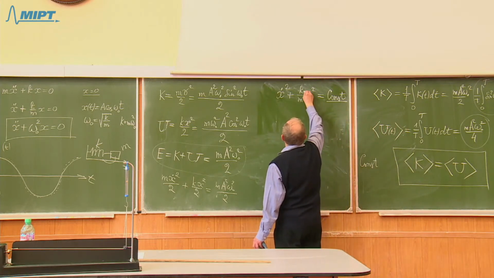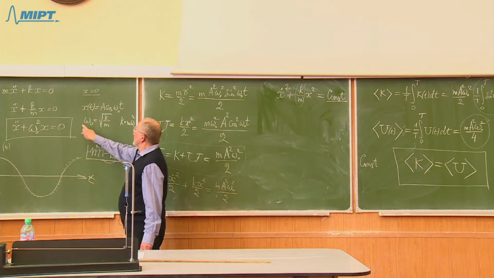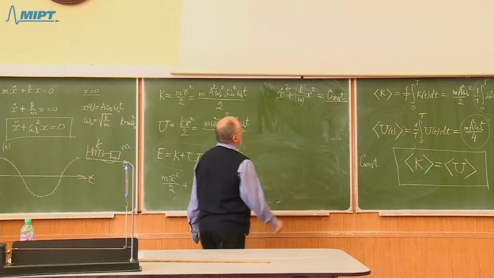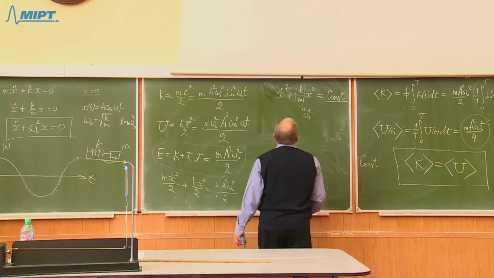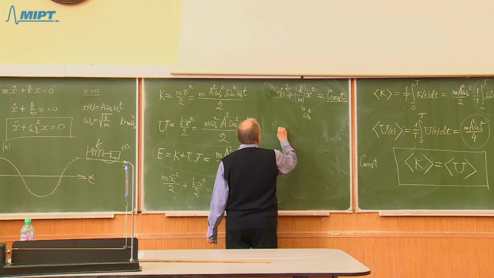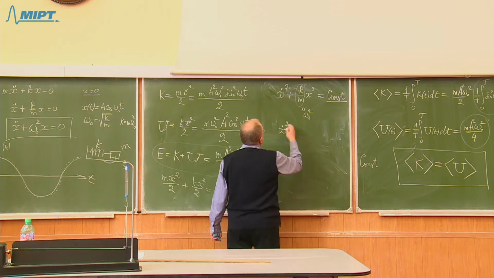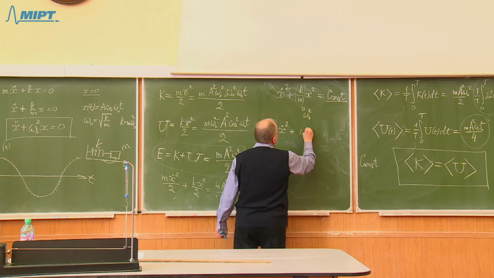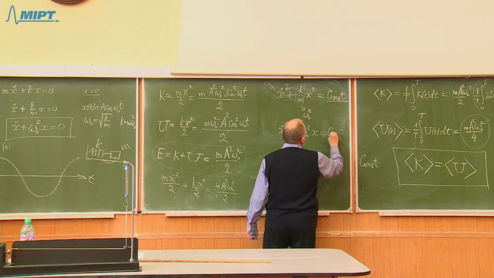We note that this coefficient exactly equals omega 0 squared. So from the energy considerations, I can obtain the following equation: x dot squared plus omega 0 squared x squared equals constant.